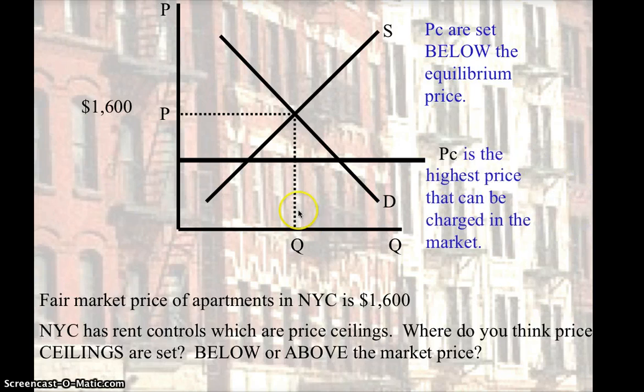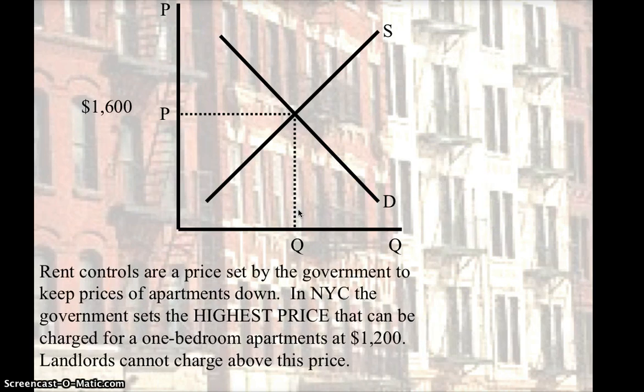So a price ceiling is the highest price that can be charged in the market. So we will say that the rent controls set by New York City are set at $1,200, meaning landlords cannot charge above this price. There it is.